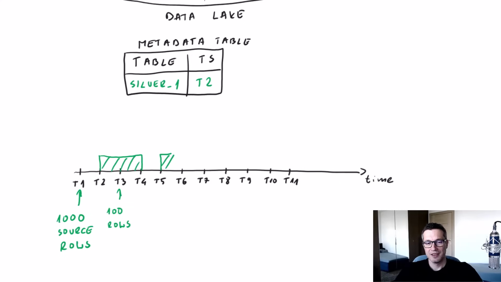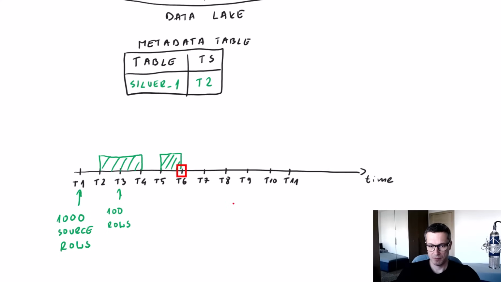Now, let's say that we managed to process it. It took less time than previously because we had to process only a small portion of data. That's the whole goal of incremental processing, right? And it succeeded, and we are here at T6.